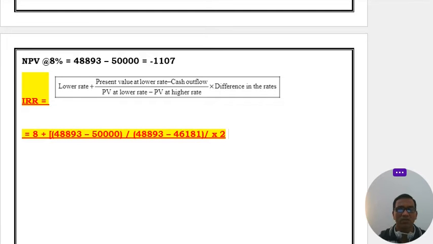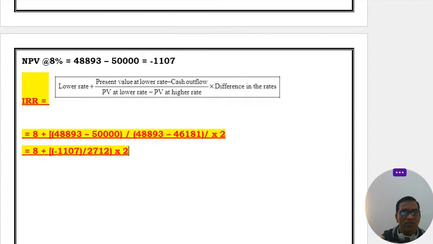And if you solve the formula, you will get 8 plus in brackets 48,893 minus 50,000, that is minus 1107, divided by 48,893 minus 46,181, that is 2712.